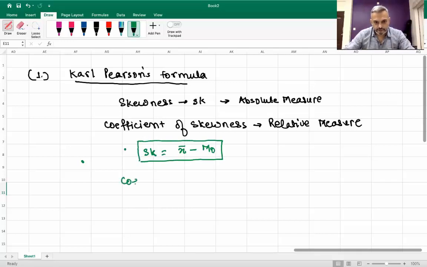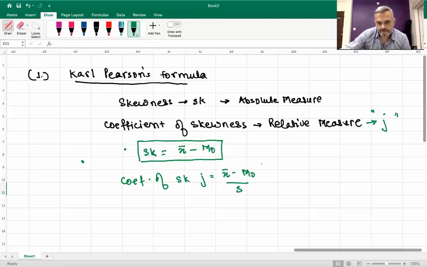But coefficient of skewness, I just forgot to mention, relative measure, is denoted by small j. So coefficient of skewness, j is equal to x bar minus mode upon S. So that is the formula.